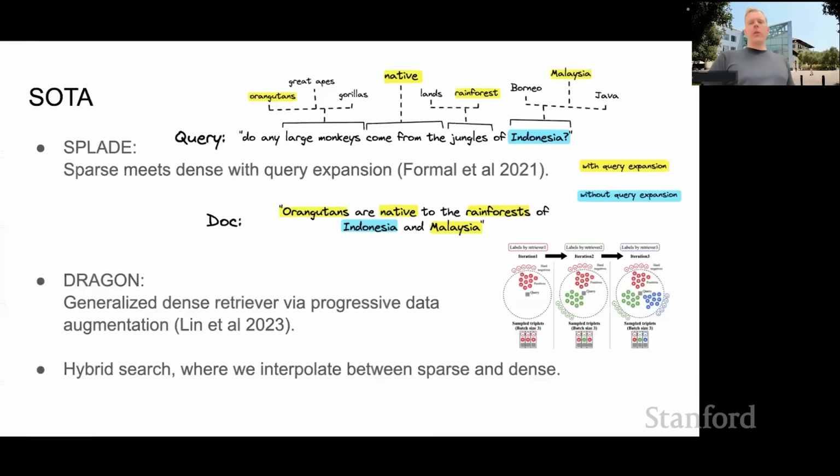But if we look at where the state of the art has been going now, one of the nice things about these vector databases is that they're super efficient, right? Dot product is much more efficient than this late interaction stuff, especially if you do approximate nearest neighbor search. But there's been some really cool work, like SPLADE, where they basically have sparse meet dense in a way. One of the big problems, as I said, with sparse is that you can't really handle synonyms.